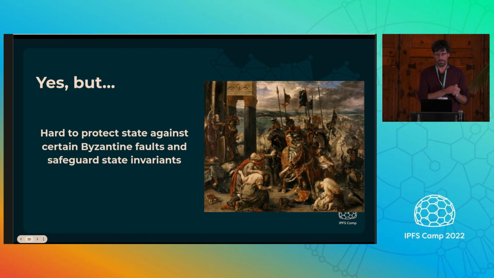Another issue is how to protect against dishonest actors. To illustrate, Crusaders entering and sacking Constantinople, which was Christian too at that time, so I would consider that a bit dishonest. You can put a lot of rules on the CRDT operations that the system accepts.